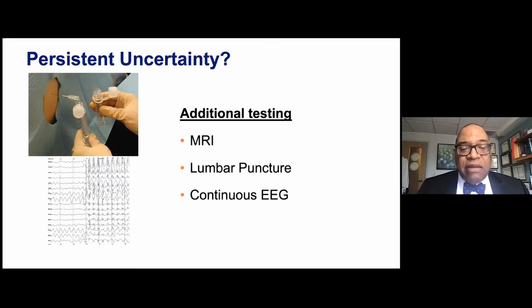We would consider an MRI, but other things to put higher on the list is if there's any sign of any fever or infection, to consider a lumbar puncture, and also continuous digital EEG monitoring. We do now know that many patients will have seizures, and sometimes be in subclinical status. And so this is something that's important not to miss, that we want to be on top of as well.